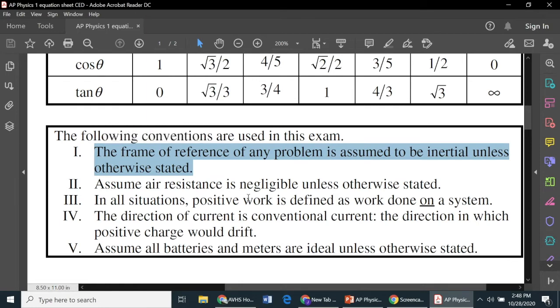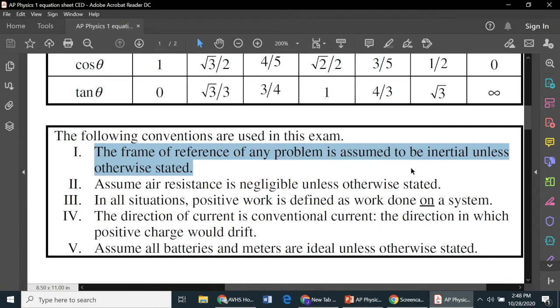So even if they ask you to consider the forces acting on something like the kid in the wagon, acting on the person in the wagon, and the wagon is accelerating, unless they explicitly tell you to consider it from the point of view of the person in the wagon in the accelerated reference frame, the frame is inertial.